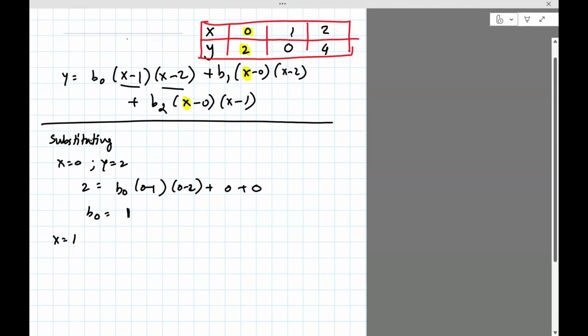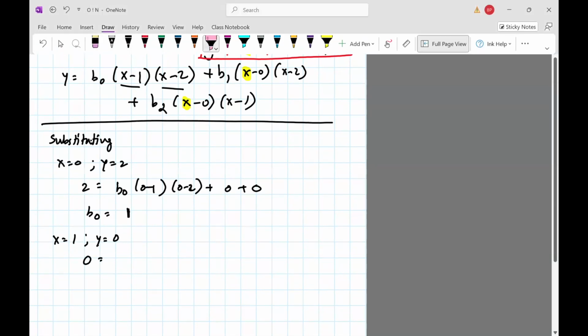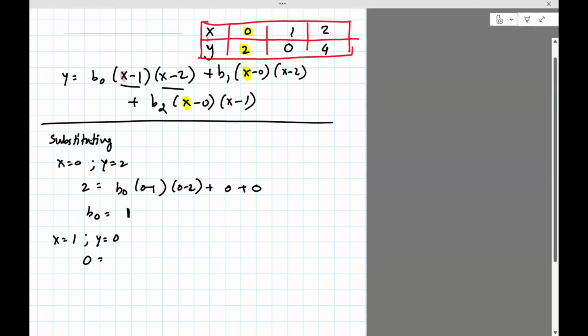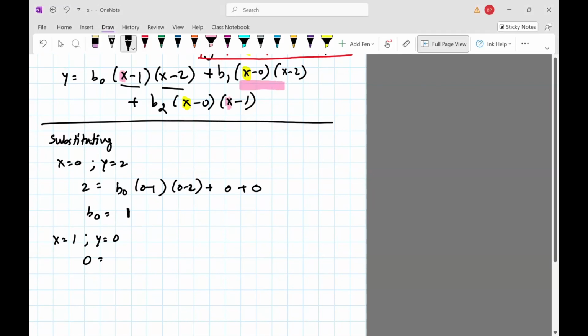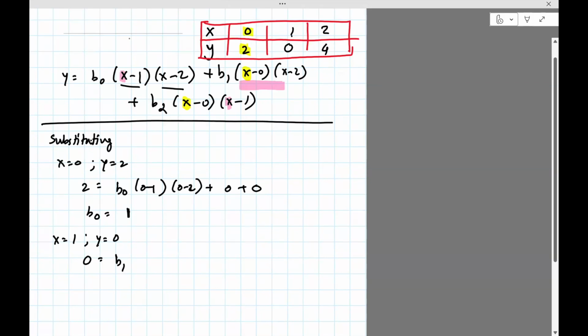Okay, next we put x equals 1, y equals 0. So we have 0 equals, again, when you put 1, you will notice that this term, if you put 1 here, it will be 0. If you put 1 here, it will be 0. So the only term which will contribute is this one. So b1, 1 minus 0, 1 minus 2. But this will only give me b1 equals 0.